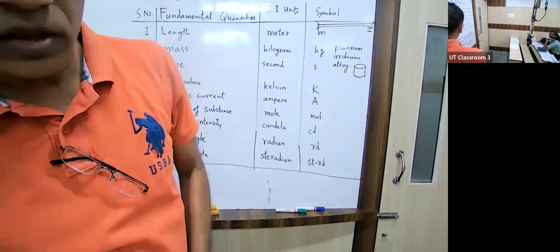Now what is displacement? There is something called displacement. So between these two destinations, displacement is the shortest distance between any 2 points in a given direction.